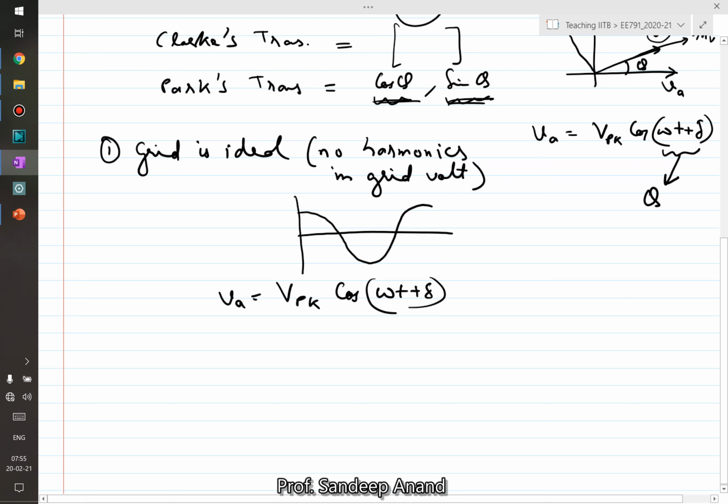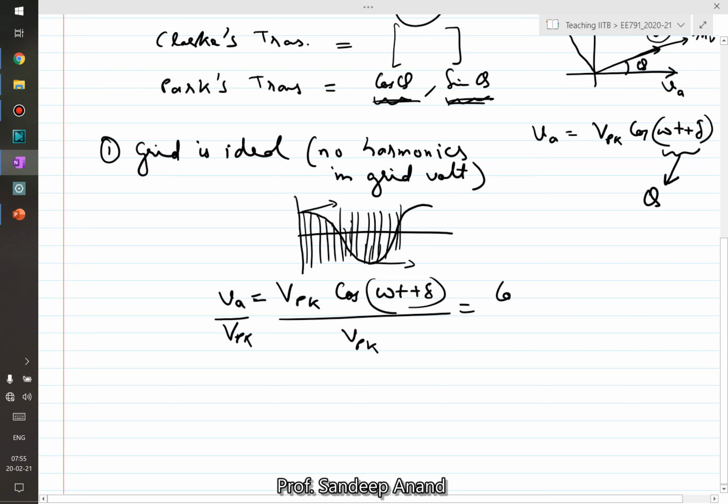So in this case, what you can do is just sample this waveform at multiple instants, keep on sampling, right? And after some time you would know what the peak value is, right? So you sample, you find the maximum out of these samples, you divide by the peak value.